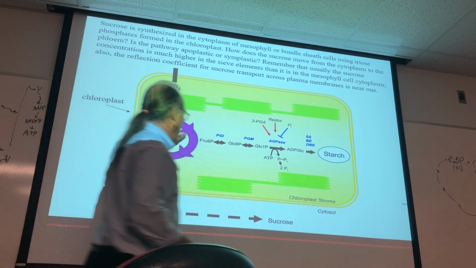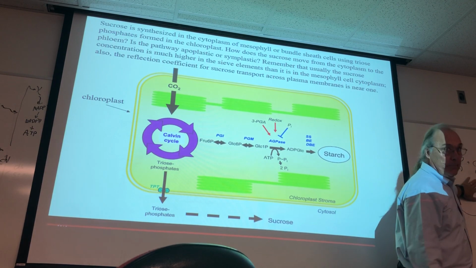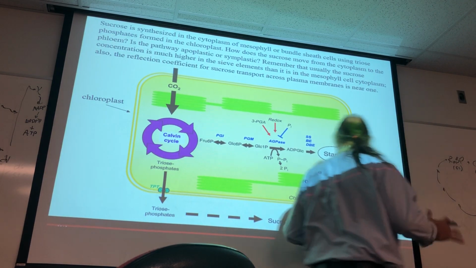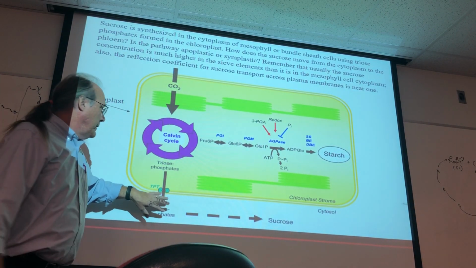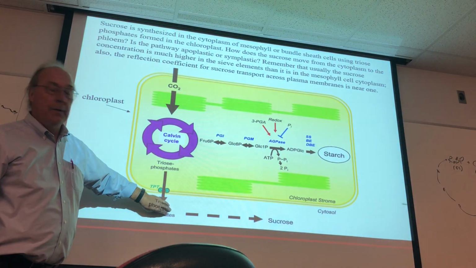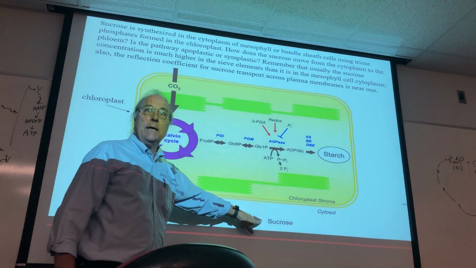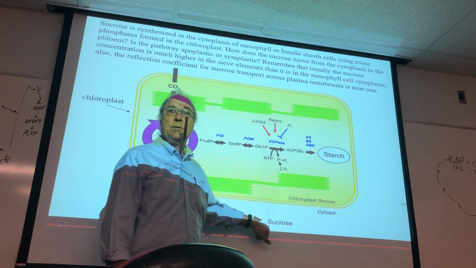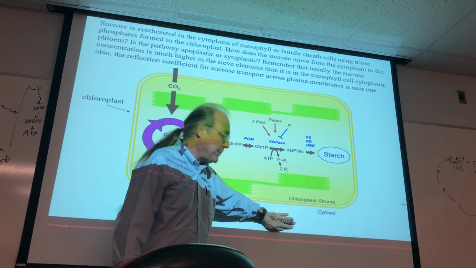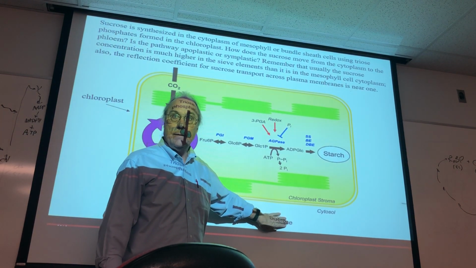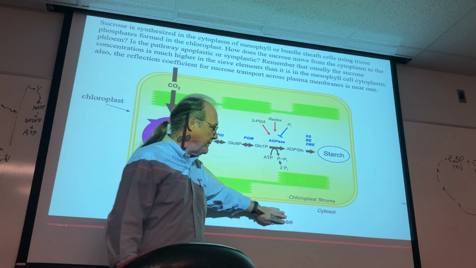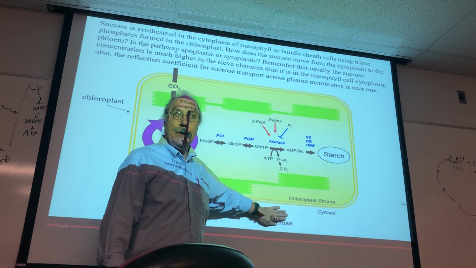All right. Well, anyway, Calvin cycle, second big part of photosynthesis. Third big part is this 3-carbon compound that you've exported goes through a whole series of reactions and ultimately winds up in sucrose in the cytoplasm of the mesophyll cell, or bundle sheath cell, wherever this is happening.